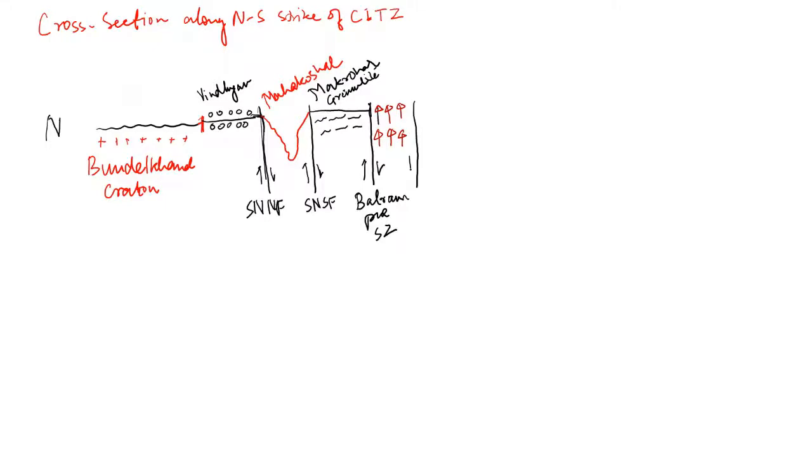So there is another shear zone over here. This is the Tan shear zone, and this is the Bethul belt, lead and zinc.